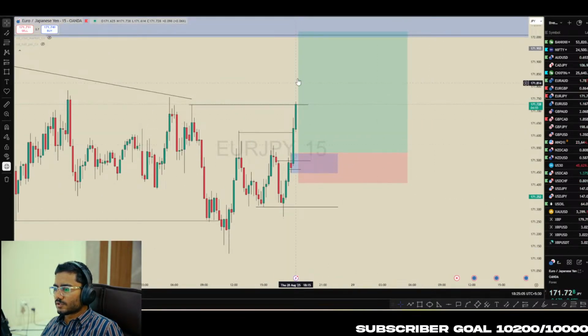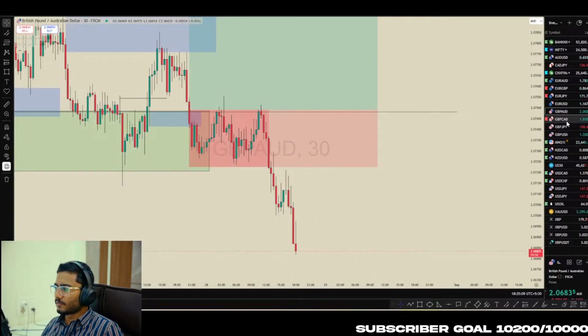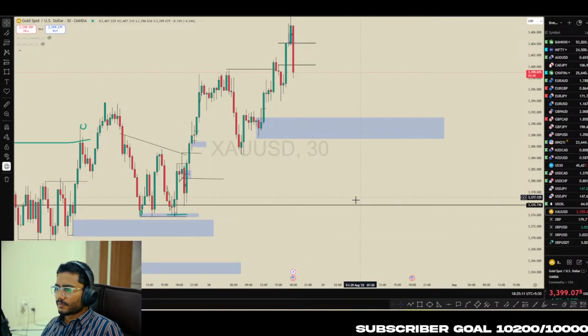Price finally broke the structure, so I think there will be good momentum in.